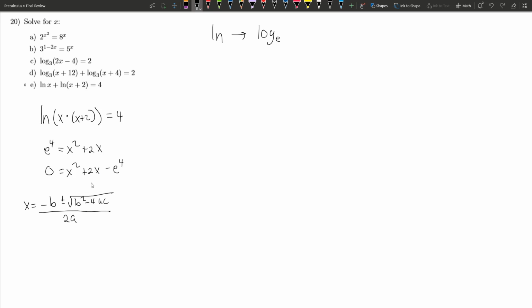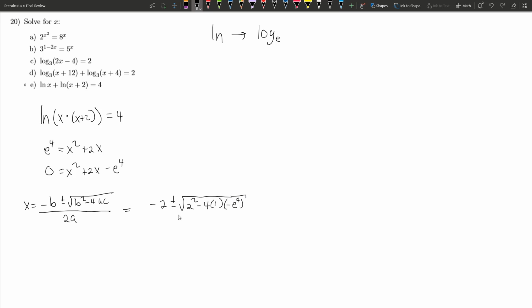B is this number right here. So that's really just negative 2 plus or minus the square root of 2 squared minus 4. A is 1 because that's just the number in front of this x. And C is this number. C is negative e to the 4th.